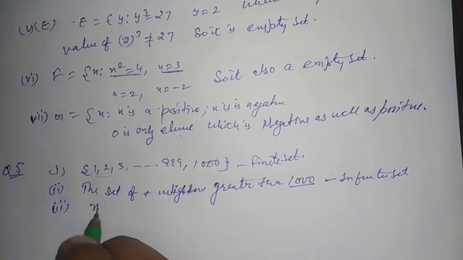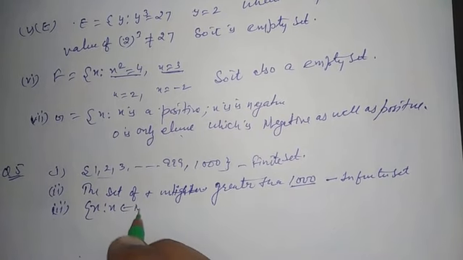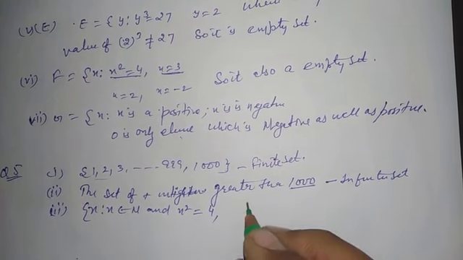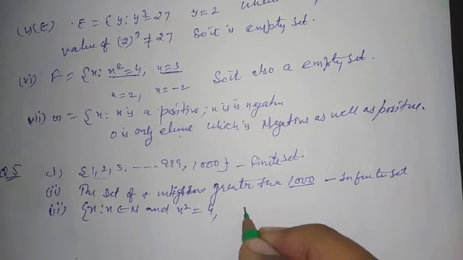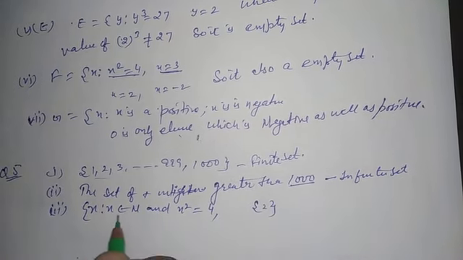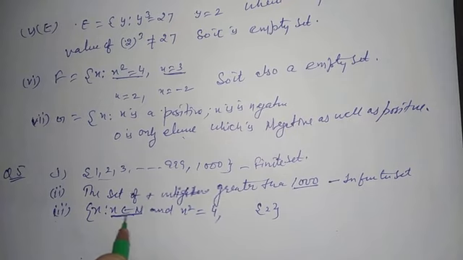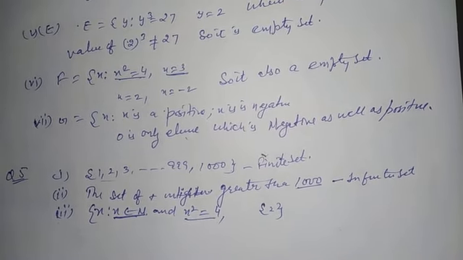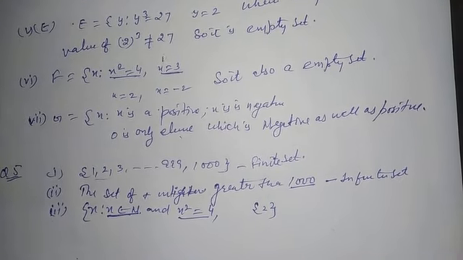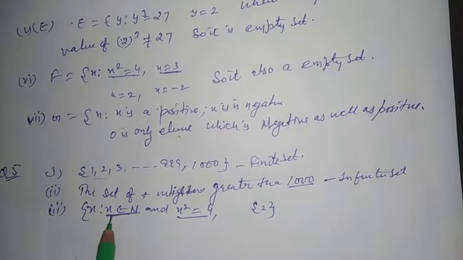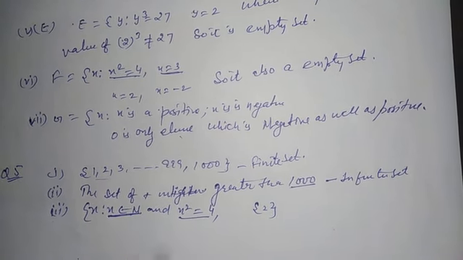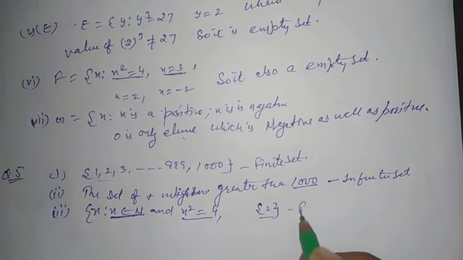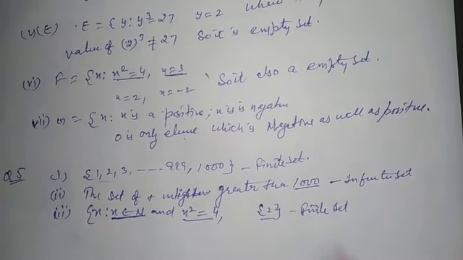Third one, x belongs to N and x square is equal to 4. The set contains only element 2 because x belongs to N, natural numbers. Here the values of x would be +2 and -2. We neglect the value -2 because x belongs to N, natural numbers, so it contains the element 2, so it is a finite set.